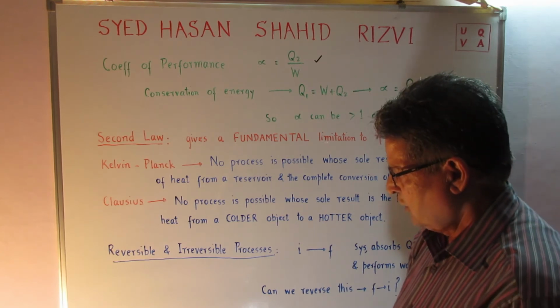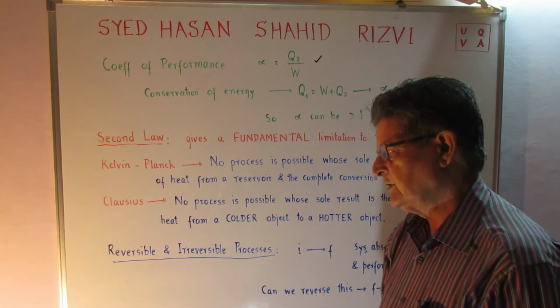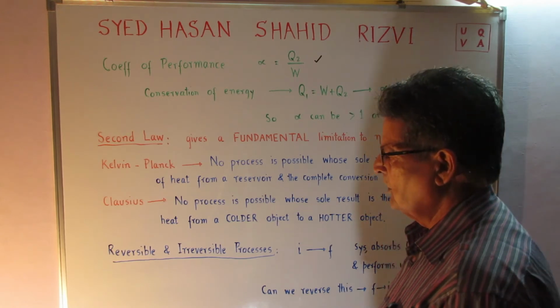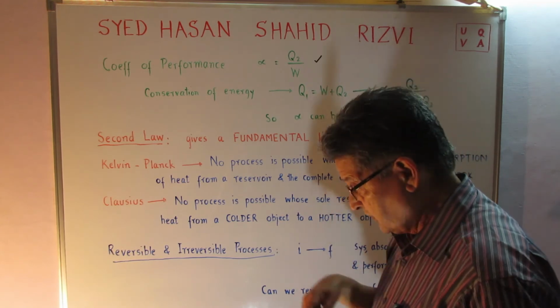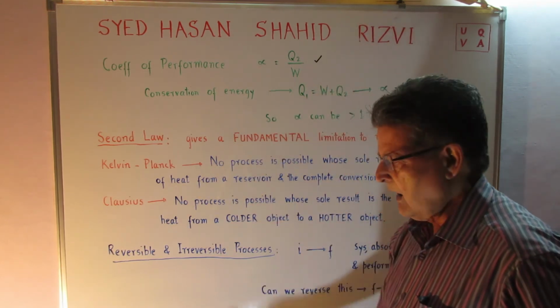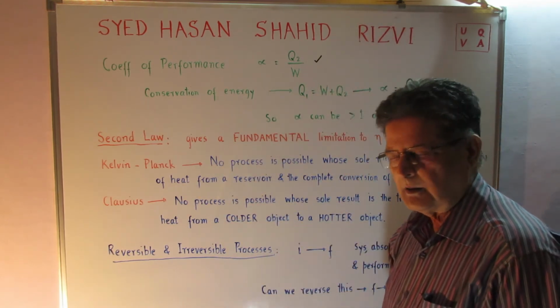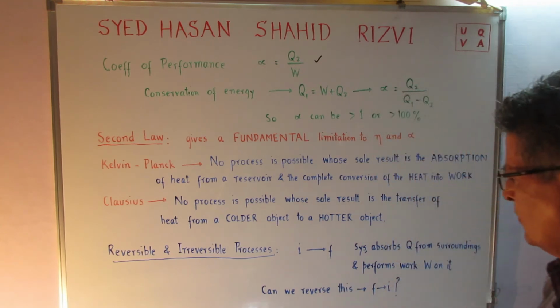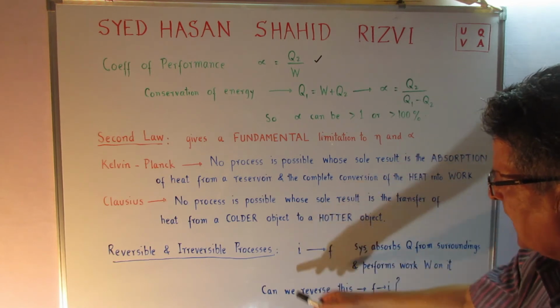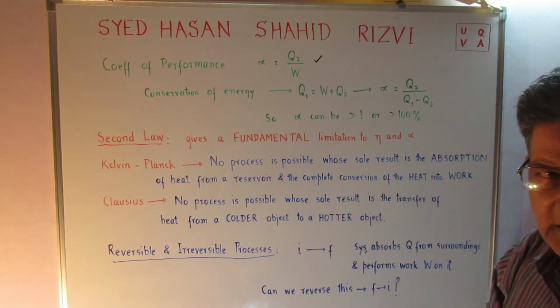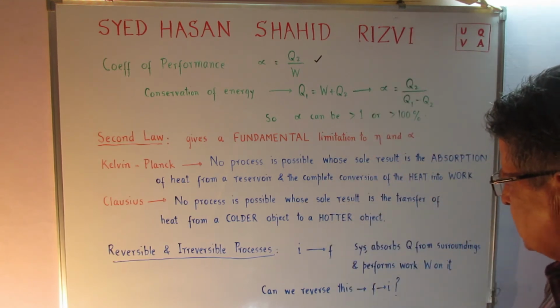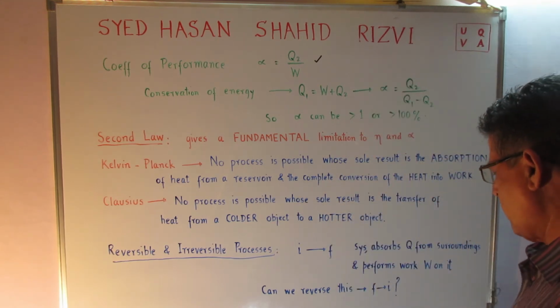Now we wish to elaborate on that and learn about the processes which are called reversible and irreversible. Suppose there are two states, one I describe as the initial state and another as the final state, with the thermodynamic variables defined.